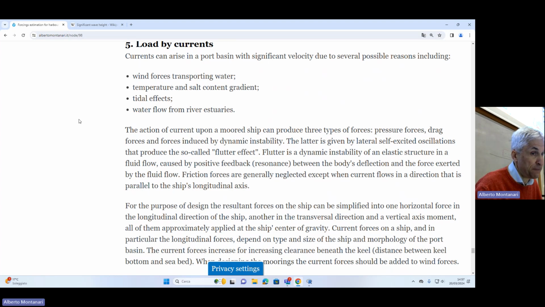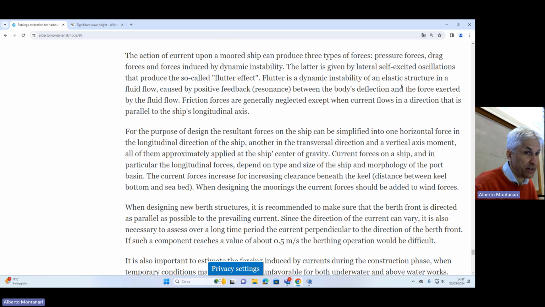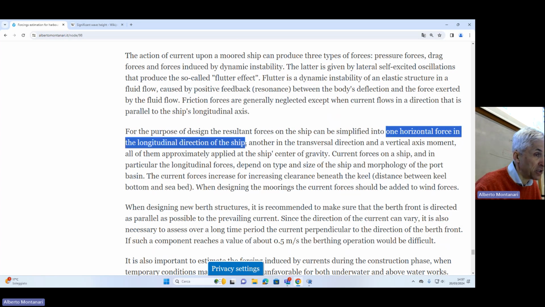So if we are in the condition of taking a simplified approach, with no dynamic instability, we can simplify the current force by considering only two components: one horizontal force in the longitudinal direction of the ship, like we did for waves, and another in the transversal direction.